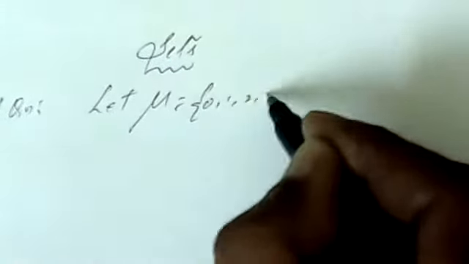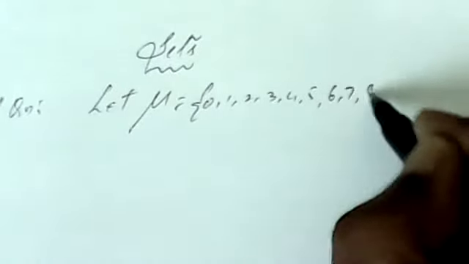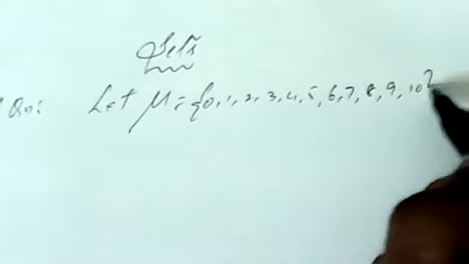in sets and logarithms. The question is, let the universal set be 0, 1, 2, 3, 4, 5, 6, 7, 8, 9, 10.